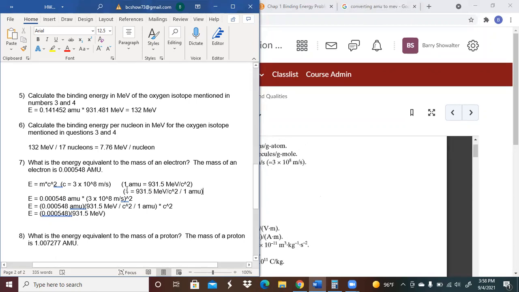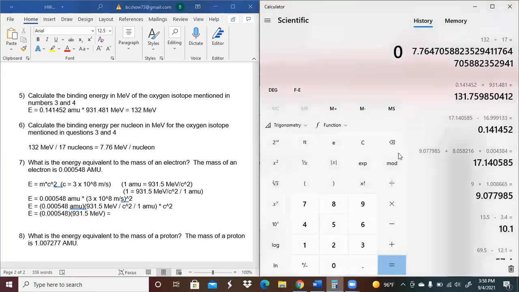Basically, I can multiply anything by 1 and it still comes out the same thing, so that's effectively what I've done here. I've taken that expression and multiplied it by 1, and when that gets multiplied by the C squared, the C squareds and the AMU units cancel, and I'm left with 931.5 times 0.000548.